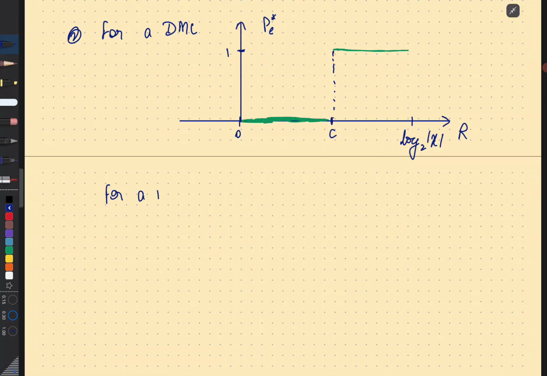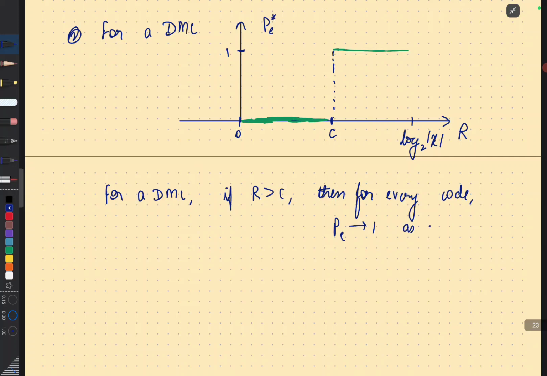So for a discrete memoryless channel, if the rate is greater than capacity, then for every code, the probability of error tends to 1 as n tends to infinity. And again, I can replace this probability of block error with probability of bit error as well, and that will also tend to 1 as n tends to infinity.